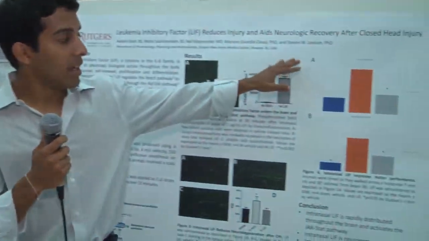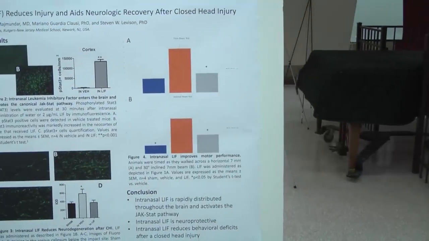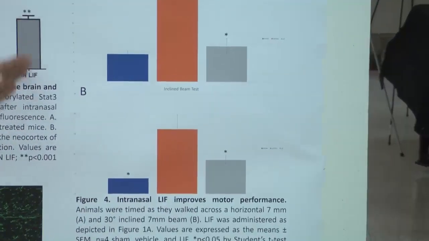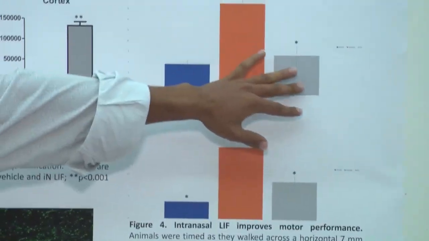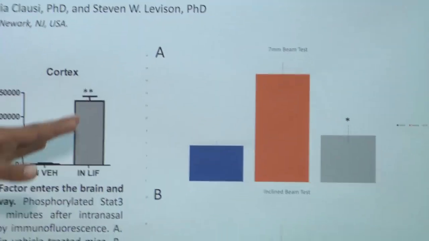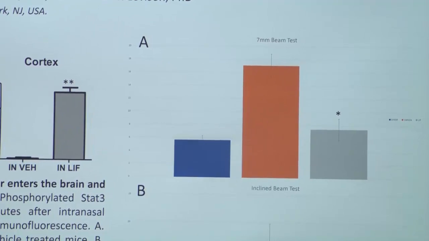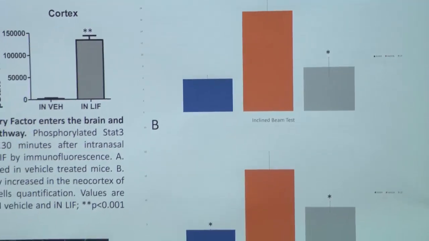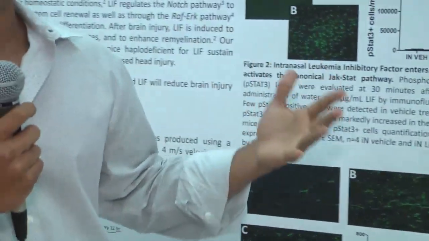Then moving on, figure 4 shows the behavioral experiments for the sham, vehicle, and LIF groups. The y-axis shows seconds, and the x-axis shows sham, vehicle, and LIF. This was done on a 7mm horizontal beam, and it was a time to see how long it took them to traverse that beam from point A to point B. For sham, you can see that it took them about 6 seconds.